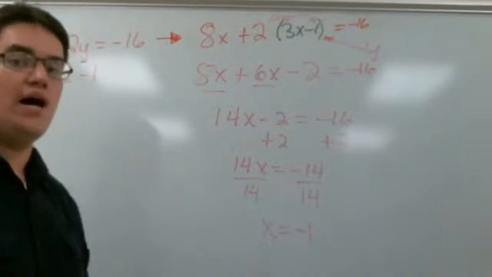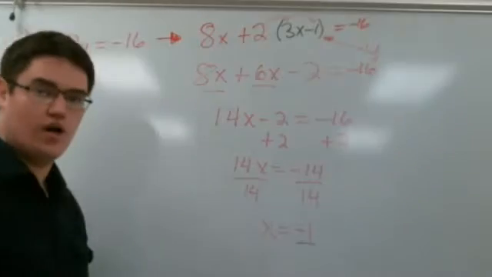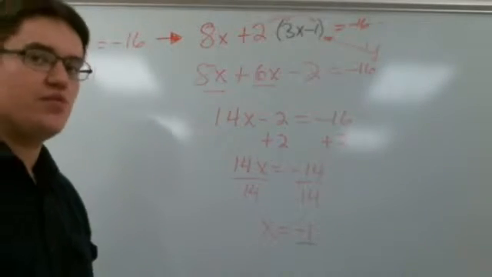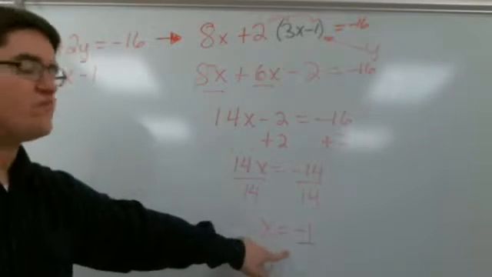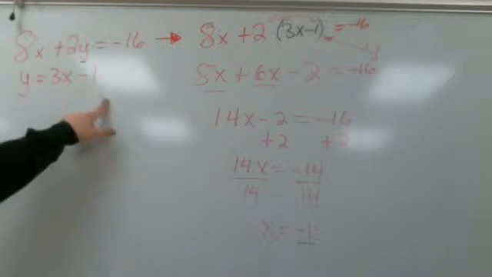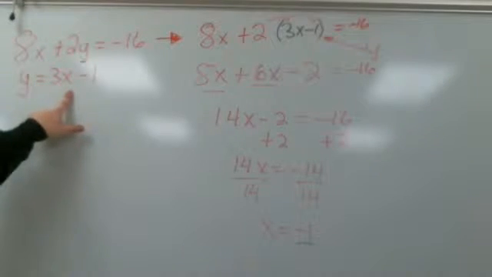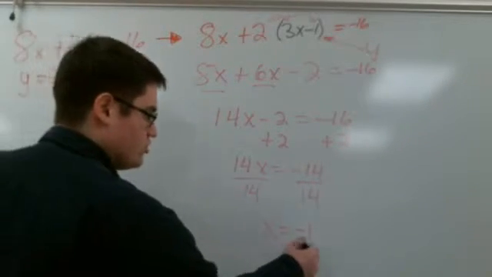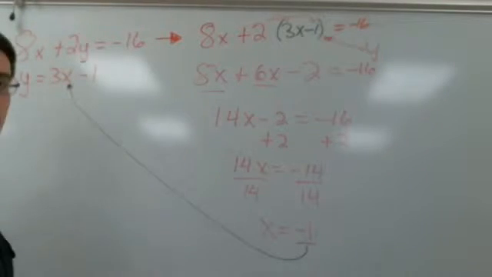So now I just need to find y. If I know that x equals negative 1, I can do the same concept I did with y and substitute this wherever I see an x. This equation tells me y equals 3x minus 1, so it tells me what y is if I know what x is. So I'm going to substitute that in for x and find y.